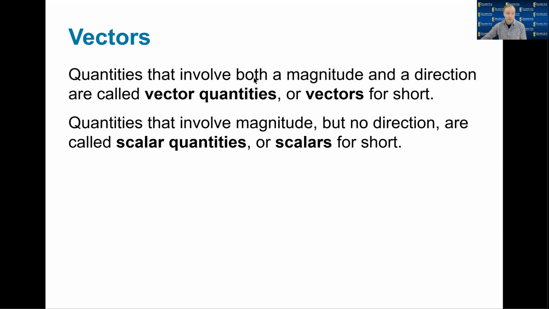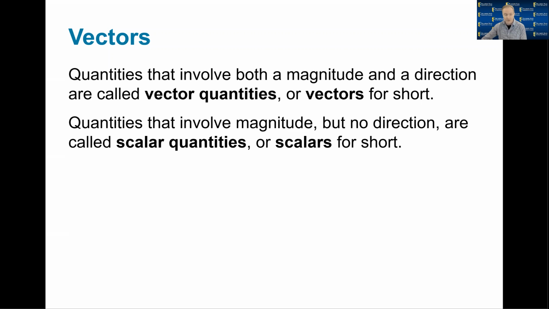Quantities that involve both magnitude and direction are called vector quantities, or typically we just call them vectors for short. So if I say there is a 30-mile-per-hour wind blowing in a direction of 15 degrees east of north, then you can say, okay, he's given me a direction, and he's given me the magnitude, the speed of the wind.